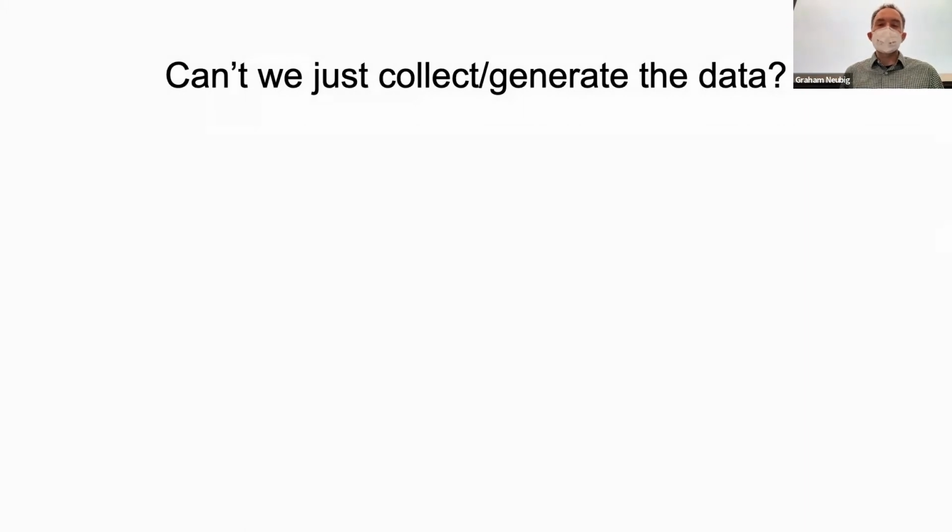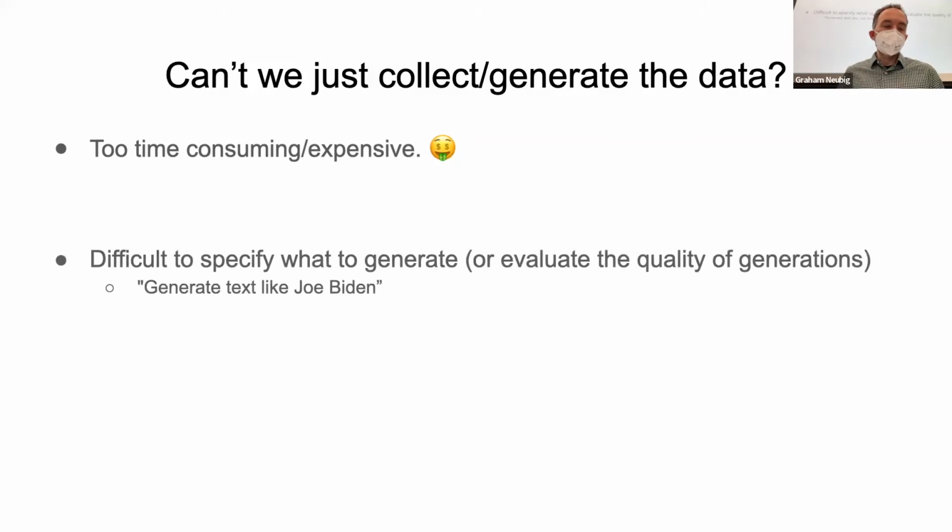So another question is, couldn't we just collect or generate data for these tasks? To some extent, the answer is yes, we could for some, but it could be too time-consuming or expensive. It can also be difficult to specify what to generate or even evaluate the quality of generation.